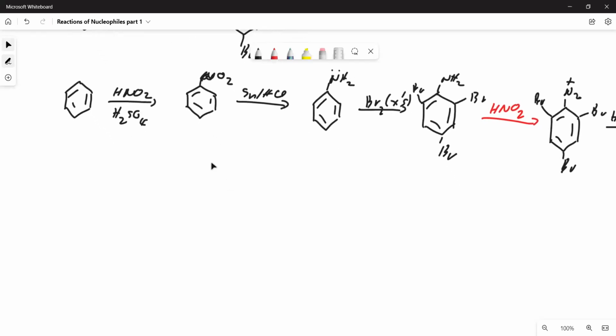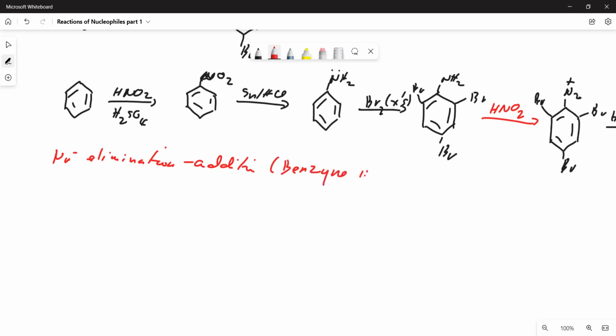Okay, now another one that is unique also for nucleophilic aromatic substitution is what you call the nucleophilic elimination addition reaction. Okay, so the intermediate is very unique.